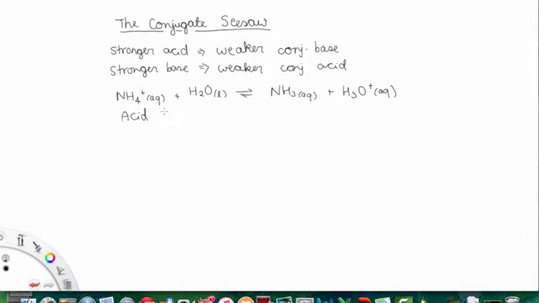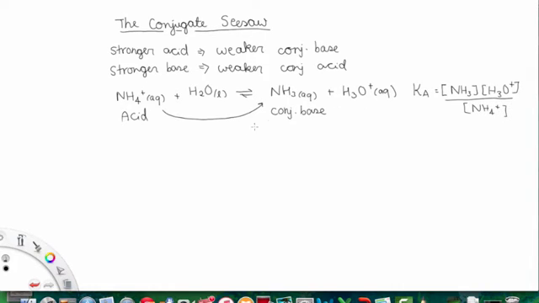If this is the acid, the ammonia is going to be the conjugate base. And the Ka for this is very simply NH3, H3O+ over the ammonium ion.